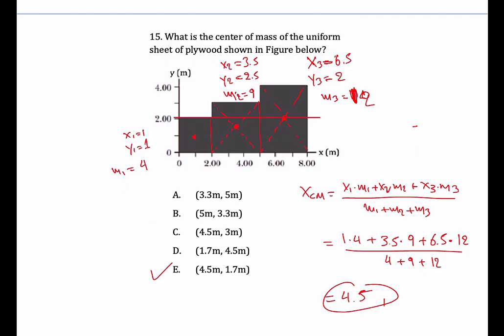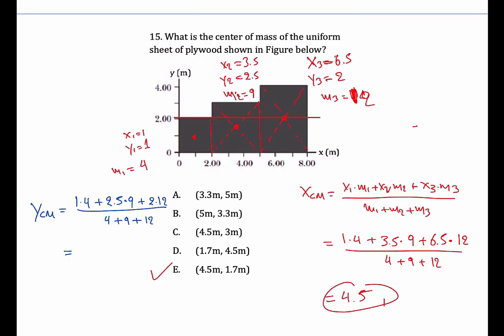However, maybe we need to verify this with some calculations. So the y of the center of mass is equal to y1 m1, so 1 times 4, plus y2 times m2, 2.5 times 9, plus y3 times m3, so 2 times 12, all of this divided by the total mass. You will give me a second for this.